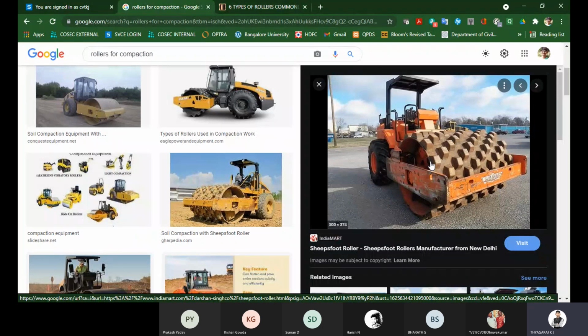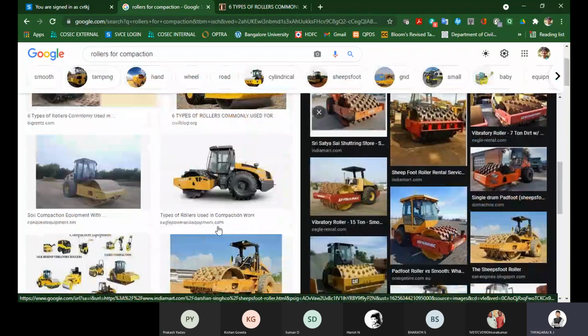Clay soils have high compressive strength in dry condition, but when they come in contact with water they become soft. So in the presence of water, when we are compacting, it should form a thick layer without any voids. For that we will be using these sheep foot rollers.